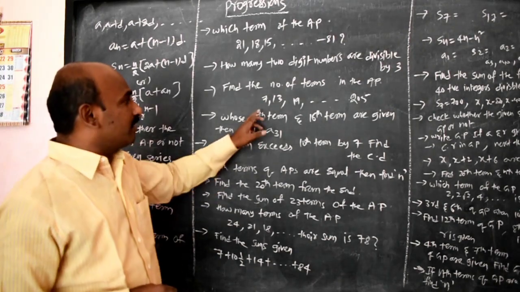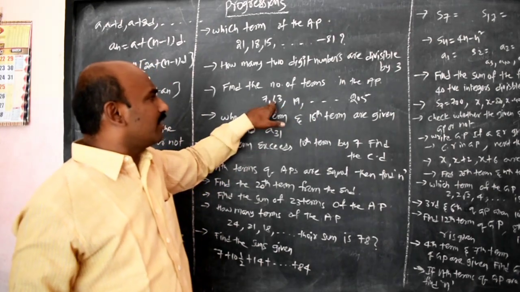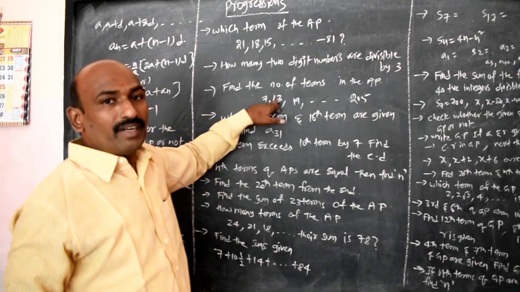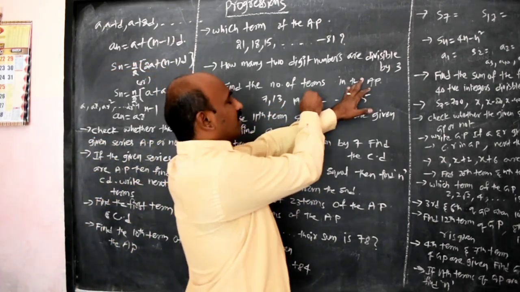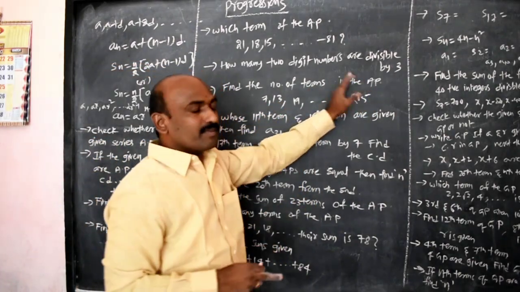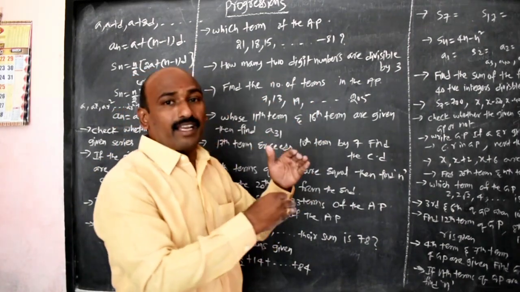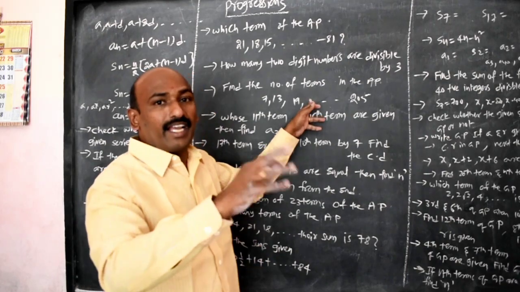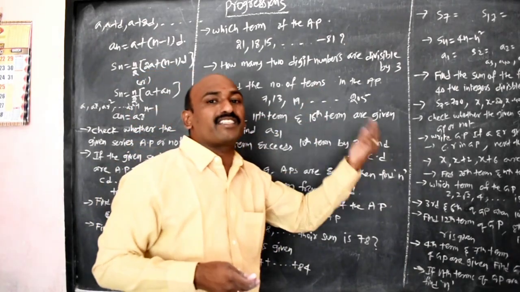Here the difference between 7 and 13 is 6, so the common difference is 6. Up to 19 is given, so for the next 3 terms we add 6 again: 19 plus 6 is 25, add 6 again for the next term, and so on. Like that we can get the next 3 terms.